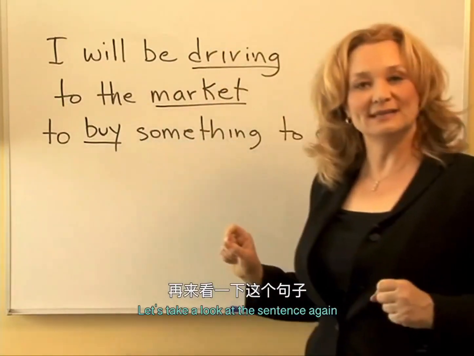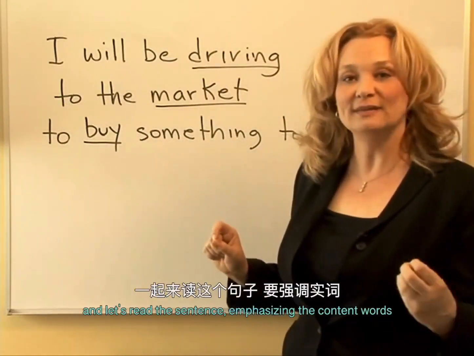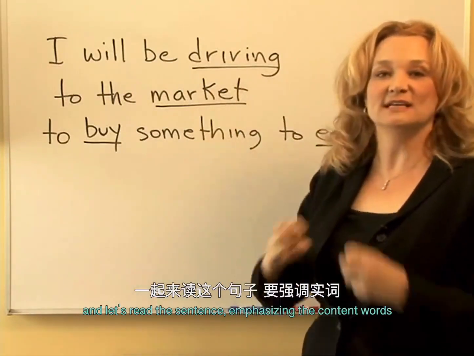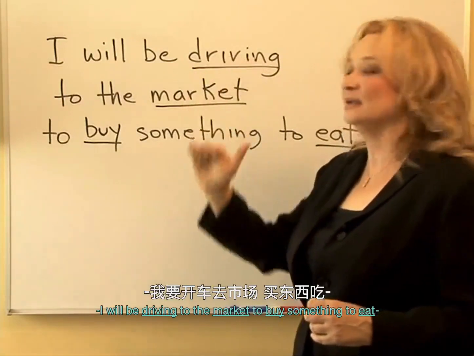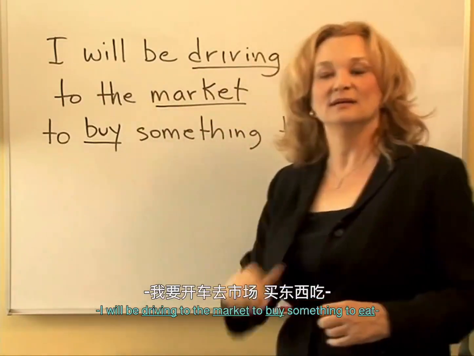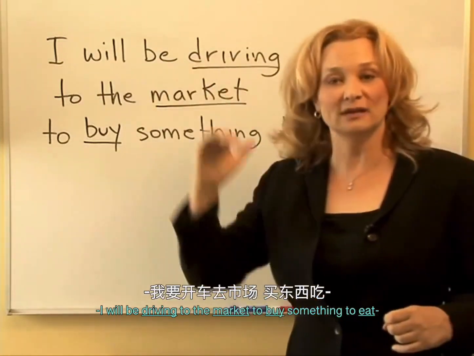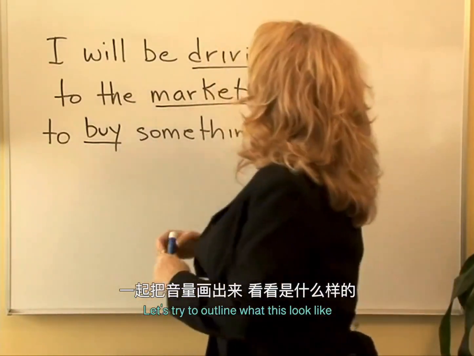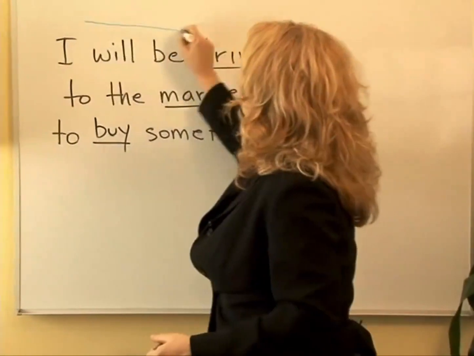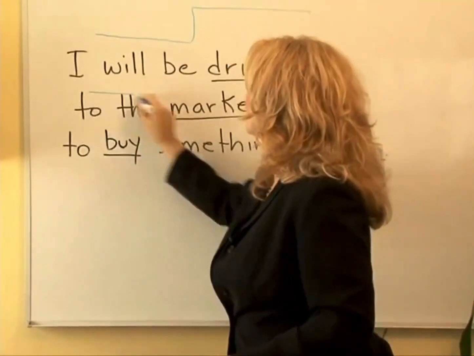Let's take a look at this sentence again, and let's read the sentence, emphasizing the content words. I will be driving to the market to buy something to eat. Let's try to outline what this looks like. I will be driving to the market.